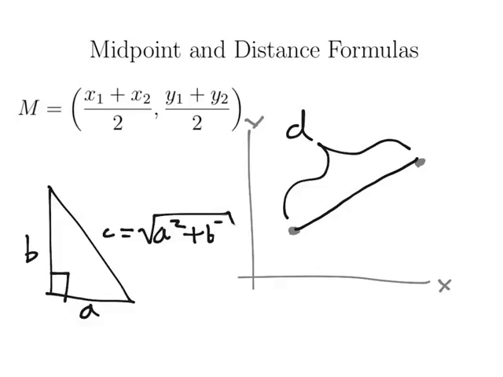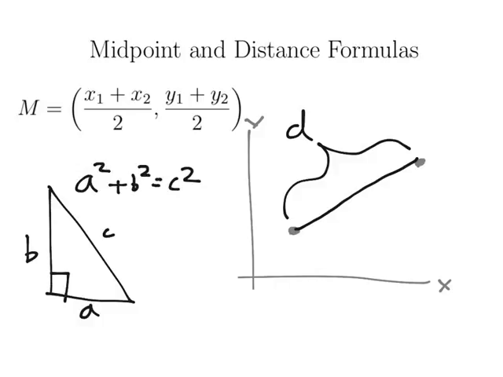Or rather, the Pythagorean Theorem says that there's this special relationship that a squared plus b squared is equal to c squared. And that's only when there's that right angle there. And of course, then I can go ahead and solve this for c, just to be the square root of a squared plus b squared.